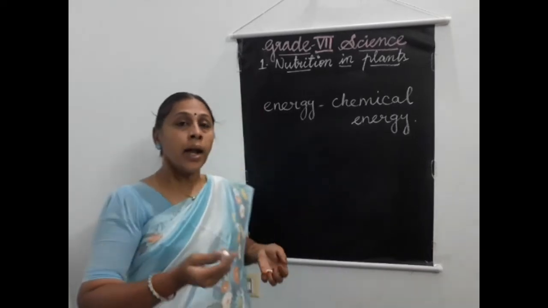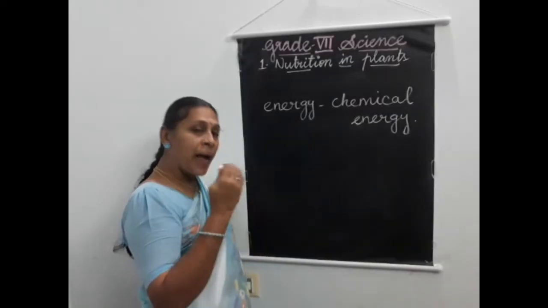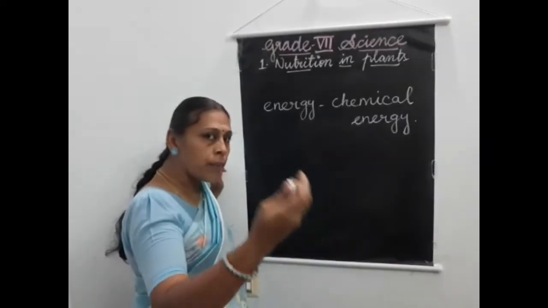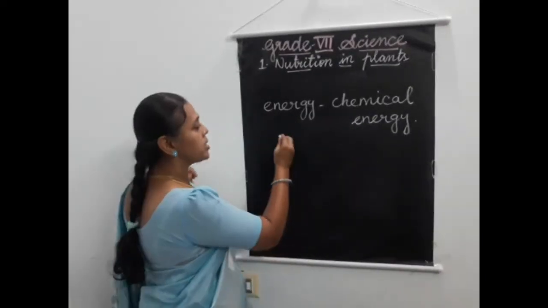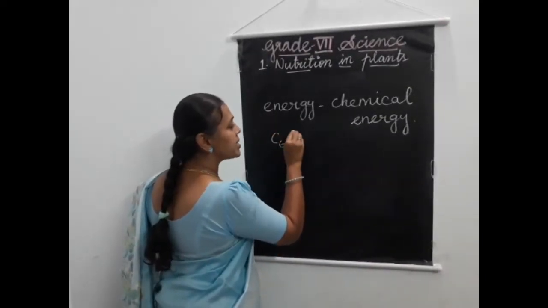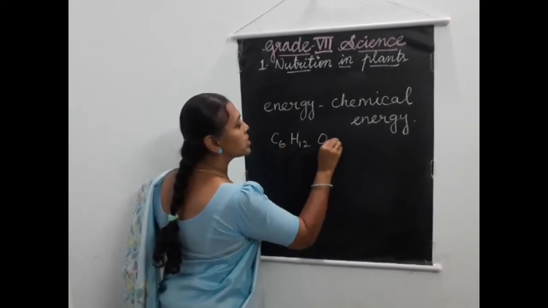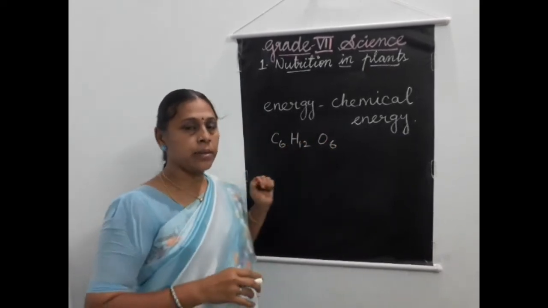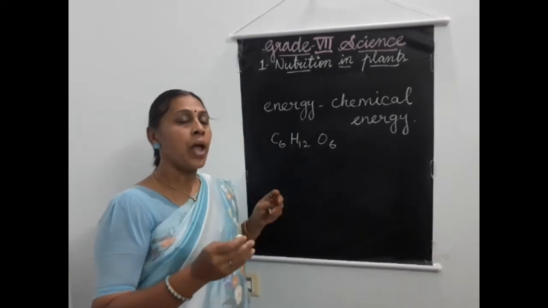And that food prepared by the plants is called carbohydrates or starch, and its formula is C6H12O6. Its components, carbohydrates, are the glucose.